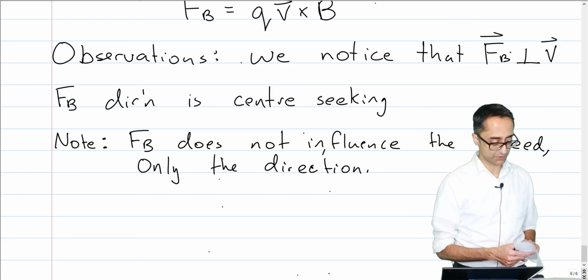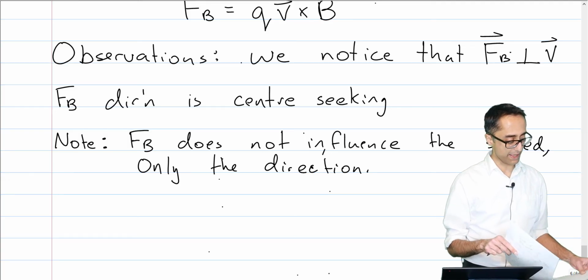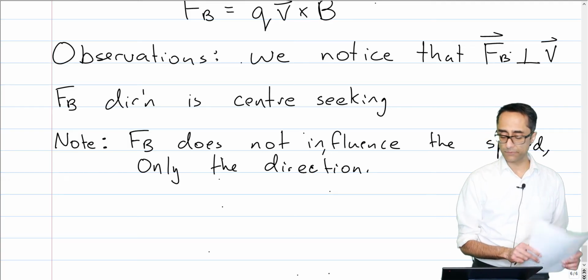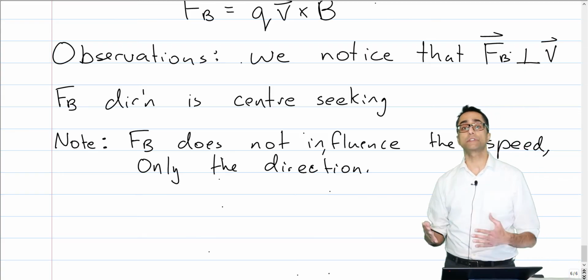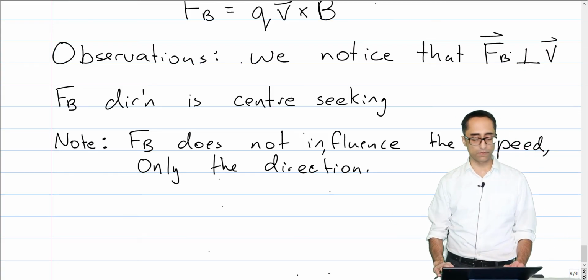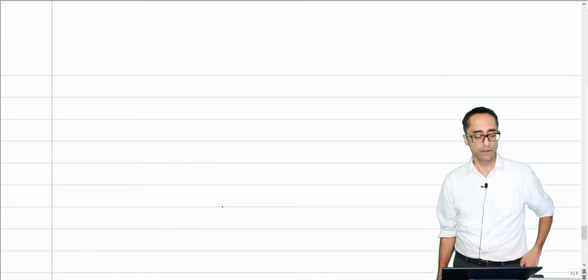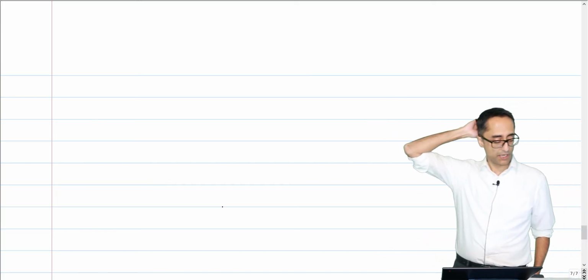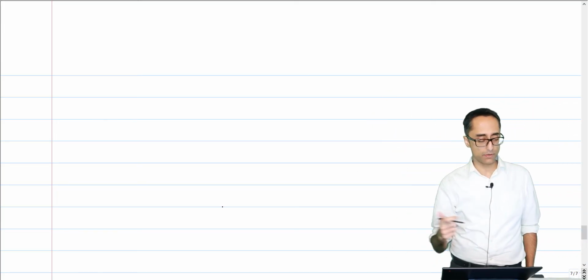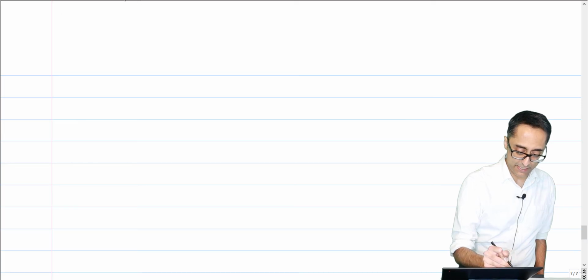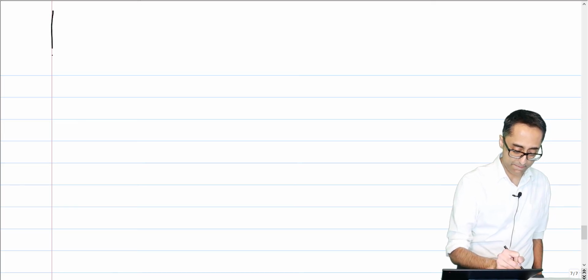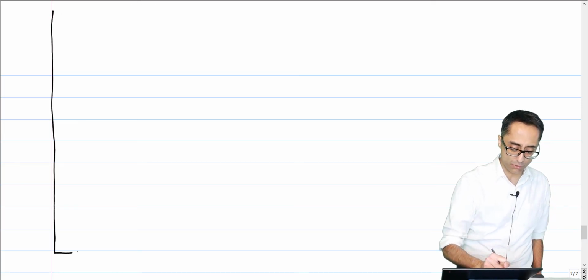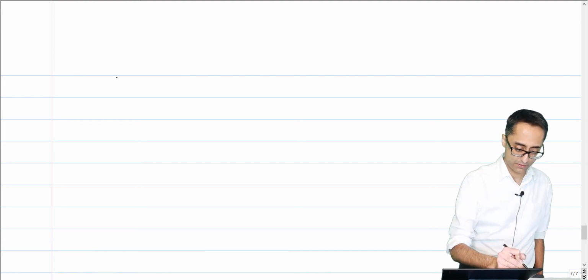All right, so let's draw it out here and see if we can understand this center-seeking sort of motion a little bit better. We're going to need this entire page. Let's create another tabletop with a magnetic field, again going into the page.